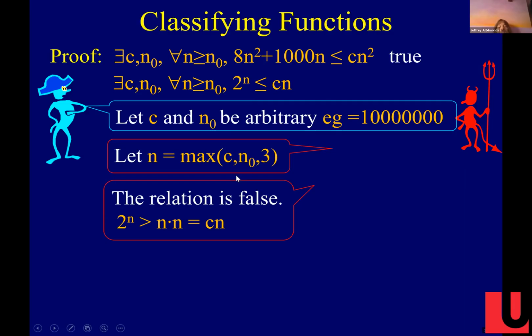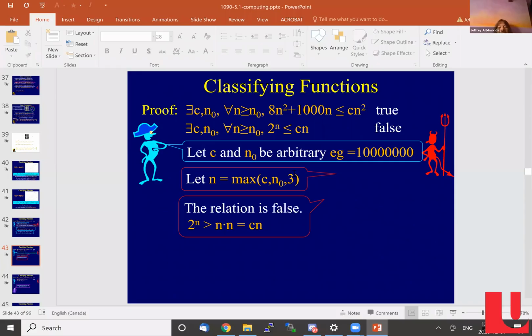Oh, I guess I got it wrong. Here's another bug. Well, it was 3 before. Now 4: 2 times 2 times 2 times 2 is 16. Oh, let's change it to 5. Okay, I'm really hurting you guys. 2 to the 5 is bigger than 5 squared. That we got, right?